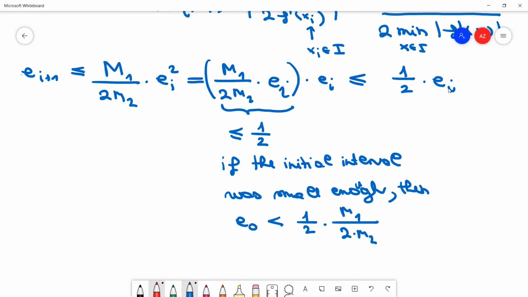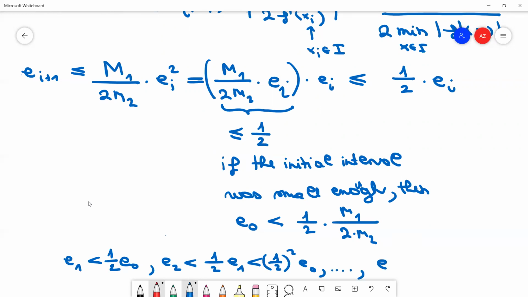In particular, this means that E_1 will also lie in the interval I. We do the same calculation with E_1 and get E_2. E_2 is smaller than 1/2 E_1, which is smaller than 1/2 squared E_0, and so on. So E_n is smaller than 1/2 to the power of n times E_0.